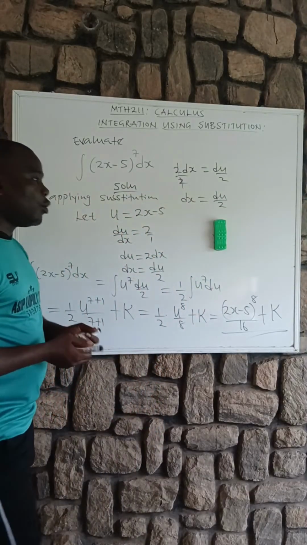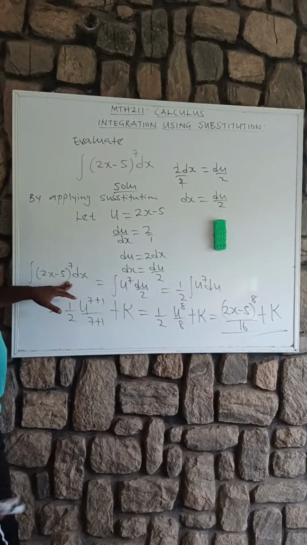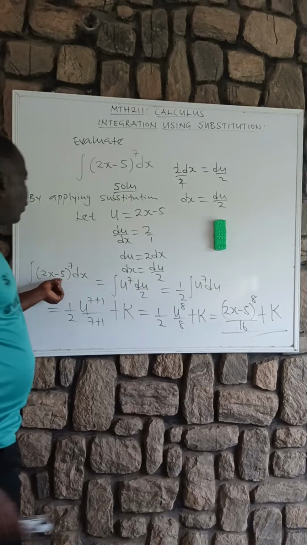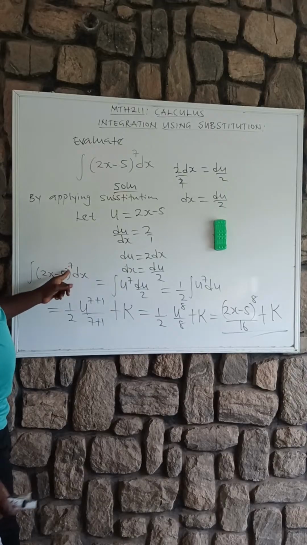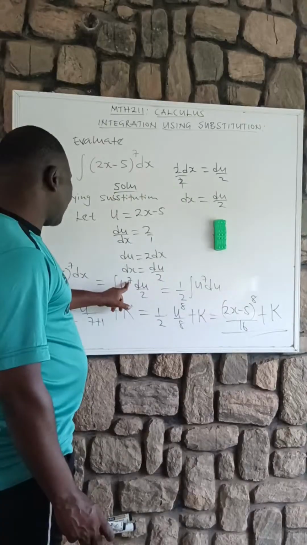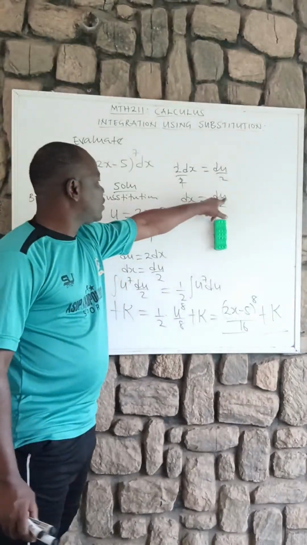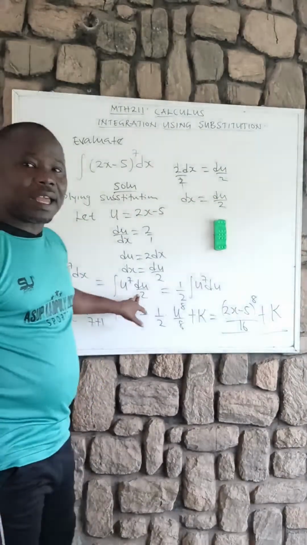So now we come back to the function. This is it, true or false? Instead of this function, we write u. But this bracket carries 7, so your u will be raised to power 7. What is dx? Well, dx is du all over 2. Look at it. Do you understand? Are you following?